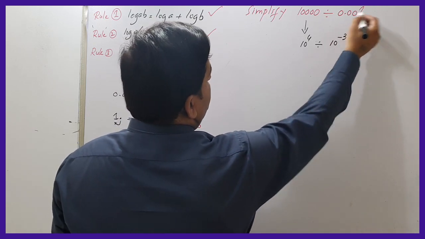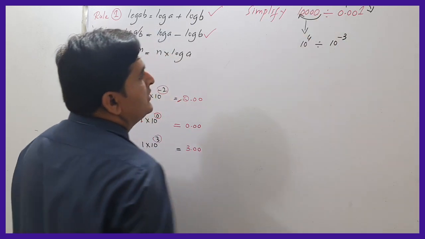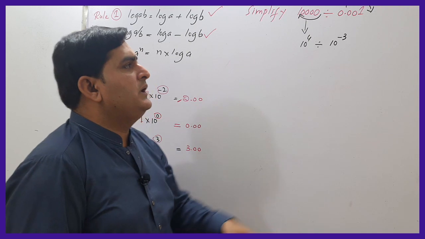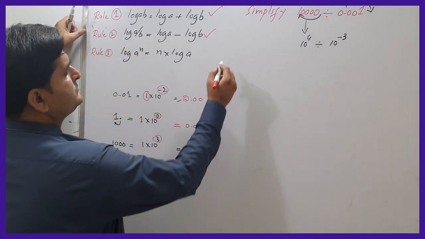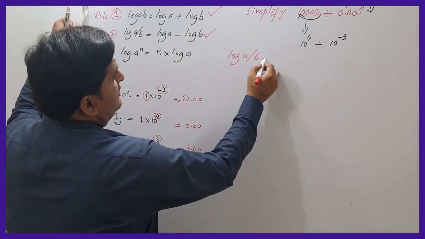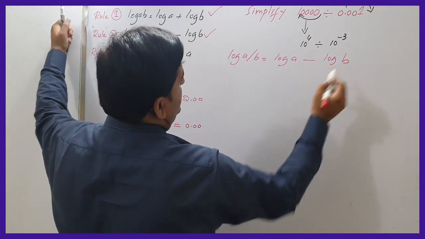For the first, the decimal will shift towards the right side, so its exponent will be positive; for the second, the decimal will shift towards the left side, so its exponent will be negative. The rule is log a divided by b is equal to log a minus log b.